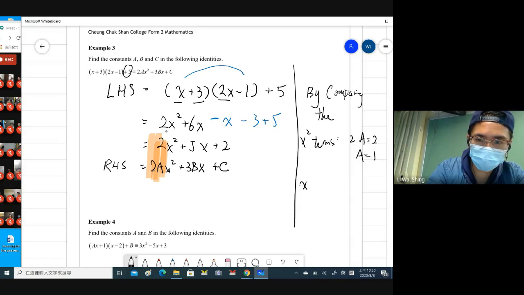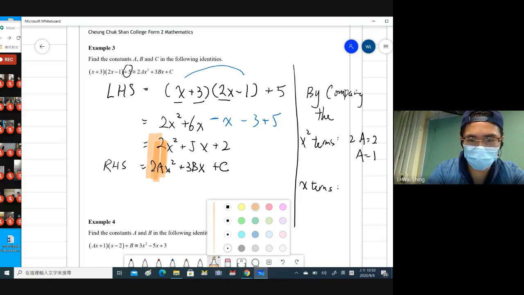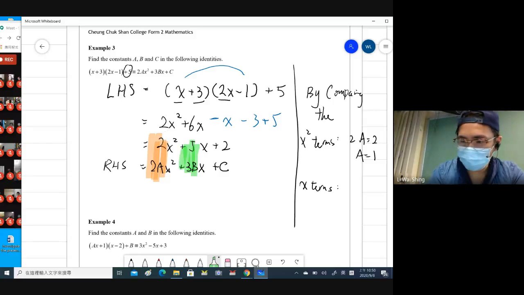By comparing the x terms, okay, you can see the x term, left-hand side equals 5, right-hand side equals 3b. So 3b equals 5.